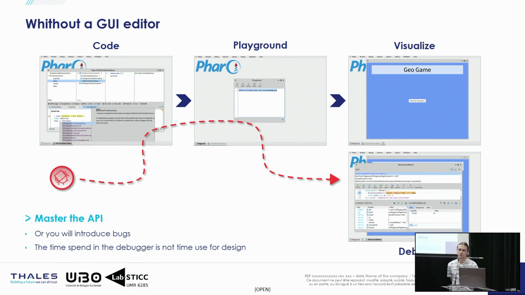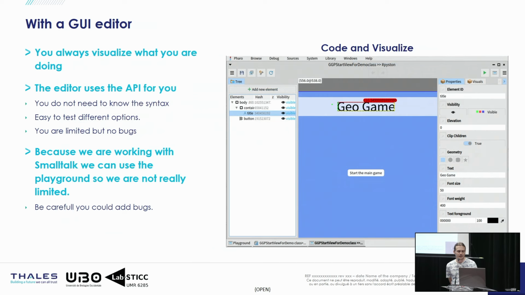And also, because we don't always master the API of our library, sometimes we can introduce bugs and we will spend more time in the debugger than designing. So with a graphical user interface, you always see what you are doing, and at the same time you are modifying the view, you are visualizing what you do.